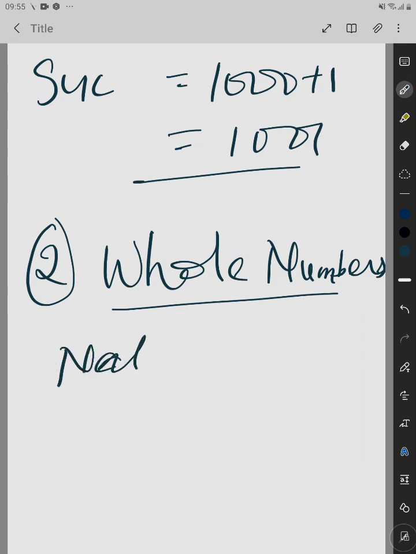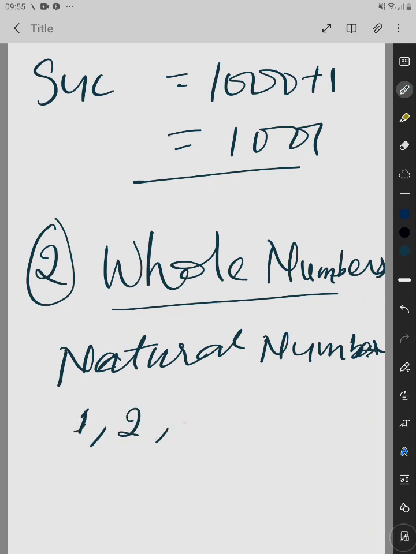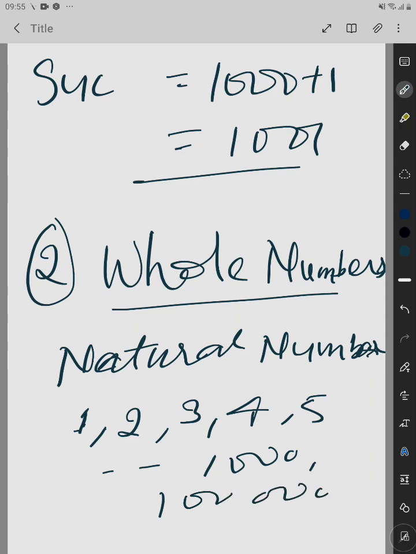In whole numbers we start with the natural numbers. So what are the natural numbers? Natural numbers start with 1: 1, 2, 3, 4, 5 and so on, up to 1000 and up to 1 lakh and so on. These are the natural numbers.